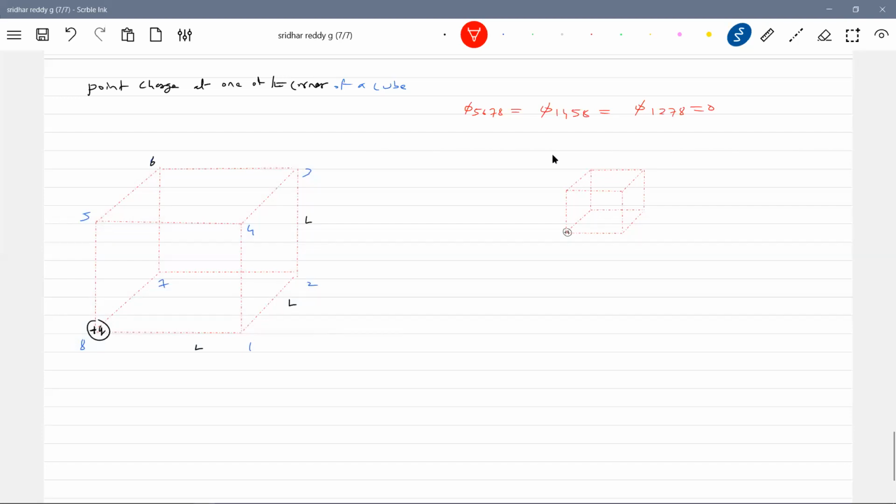I think I can't draw it, I can draw only a few. Please do try to imagine. Everything cannot be exhibited through the diagram.